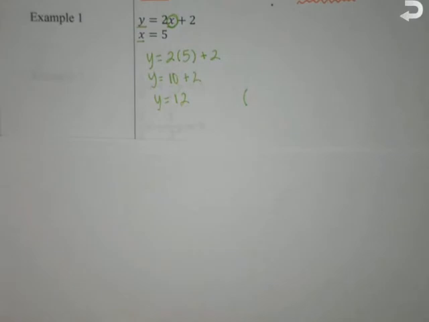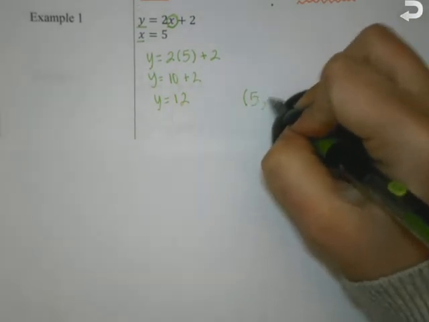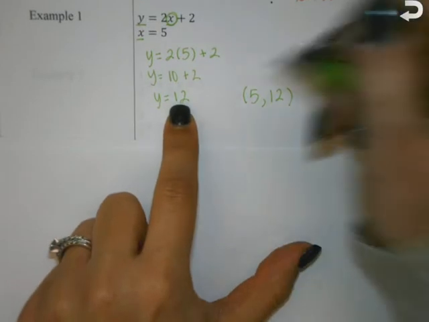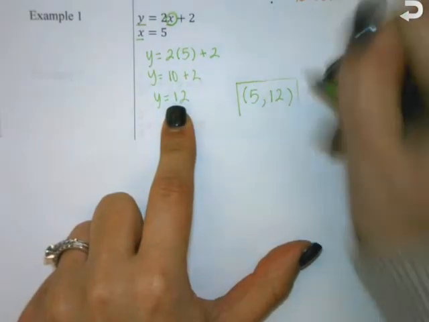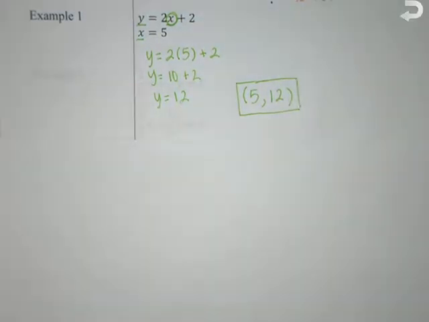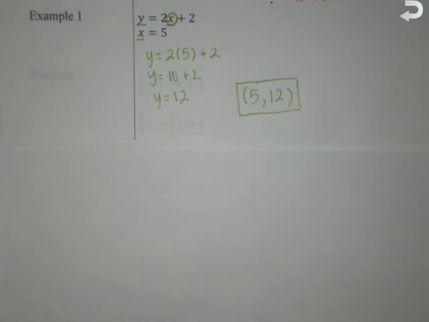X. So it's going to be 5, comma 12 because y was 12. So you just found the break-even point without having to graph. Okay, does that make sense? So it's the same thing that we did on Friday, except this time we're solving algebraically instead of having to graph, which should be easier because we don't like graphing.